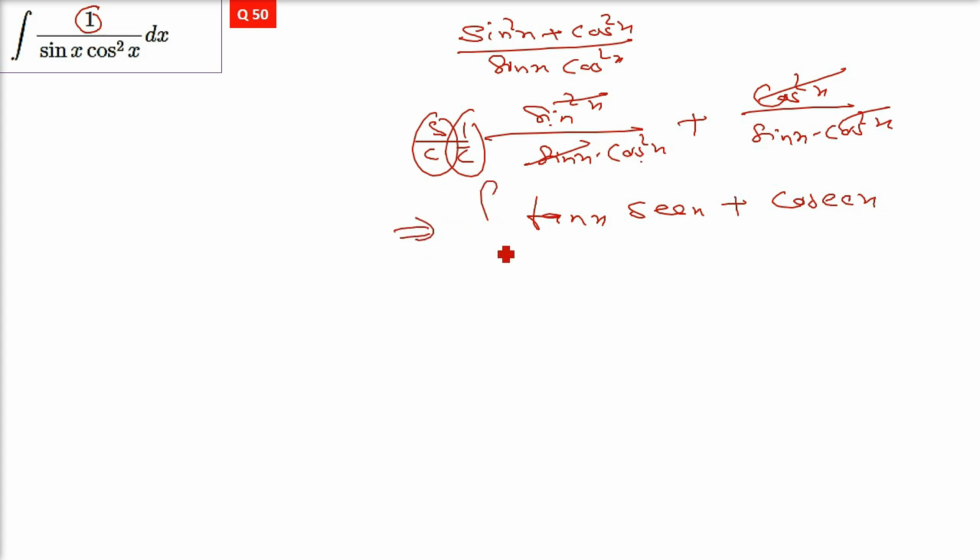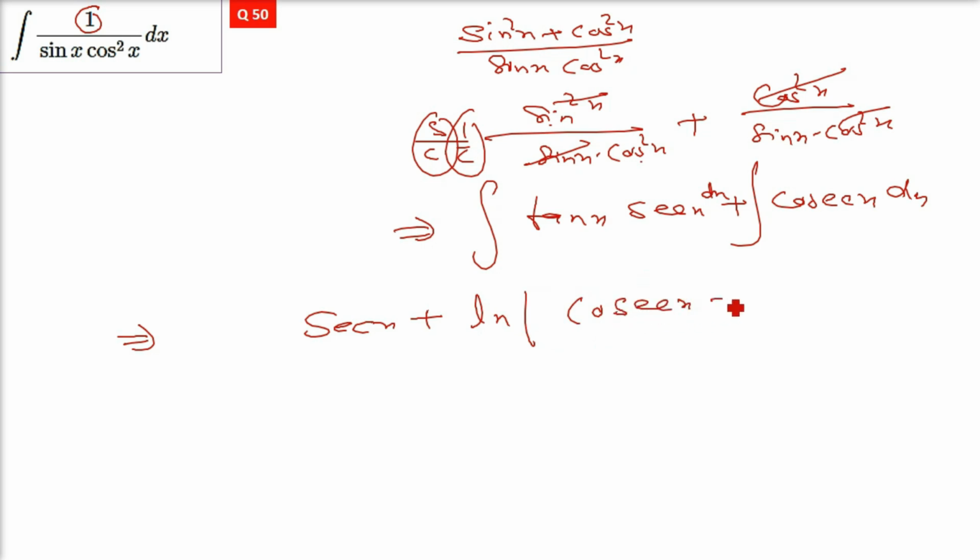So we have to integrate these two now. Just write that dx term and integrate it. We don't have to put anything as t here. Sec x tan x has a direct integration, what is the integration? Sec x. Cosec x is what? ln modulus of cosec x minus cot x. It will be ln modulus of cosec x minus cot x plus constant of integration.